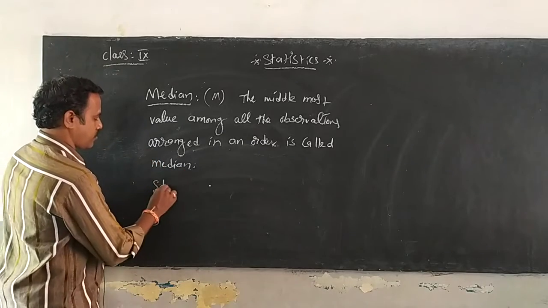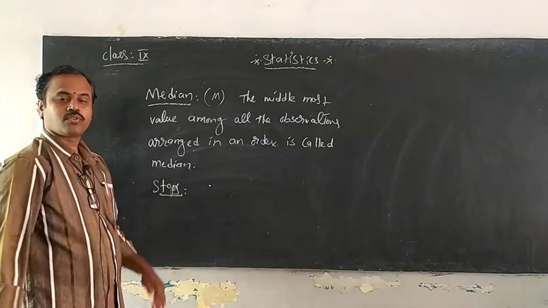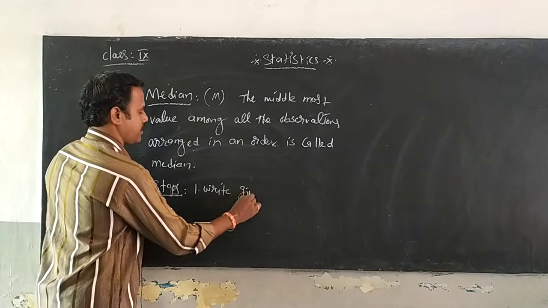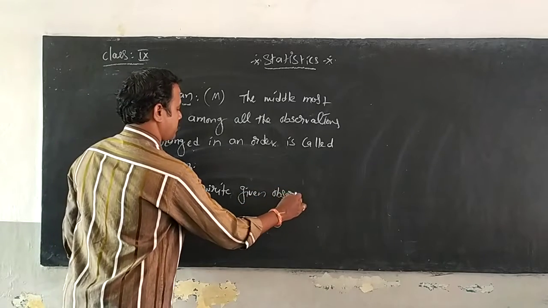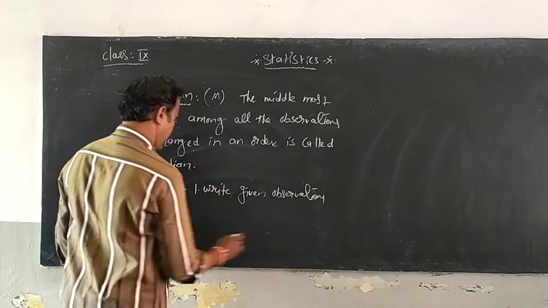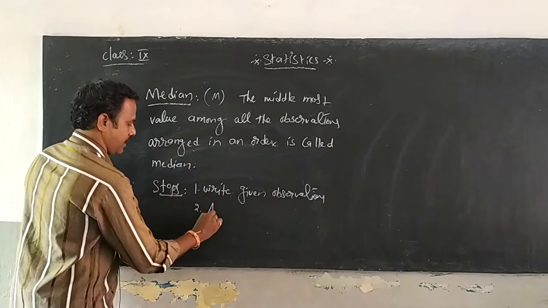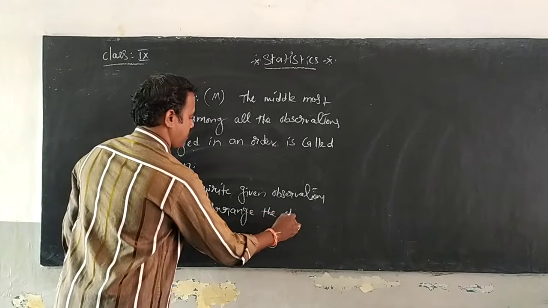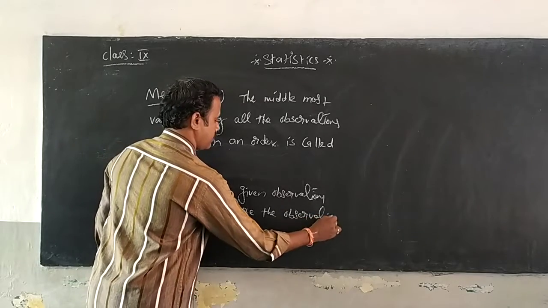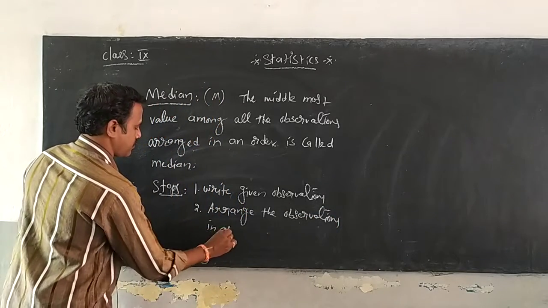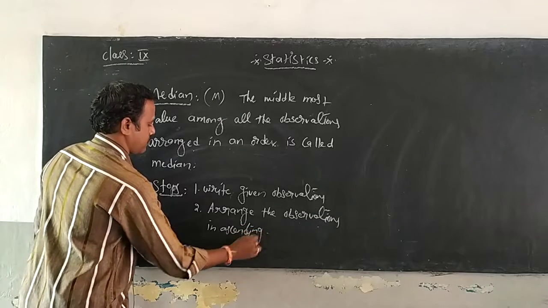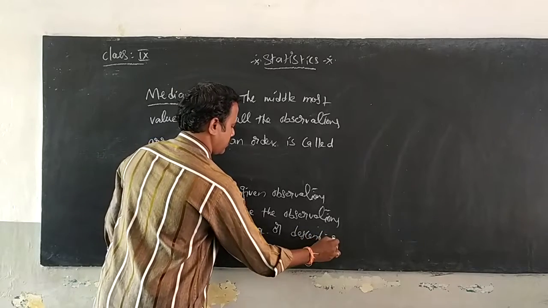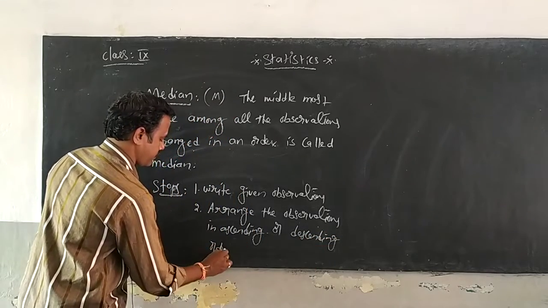So what steps do we follow here to find the median? The first step, write given observations. Next, arrange the observations in ascending or descending order.